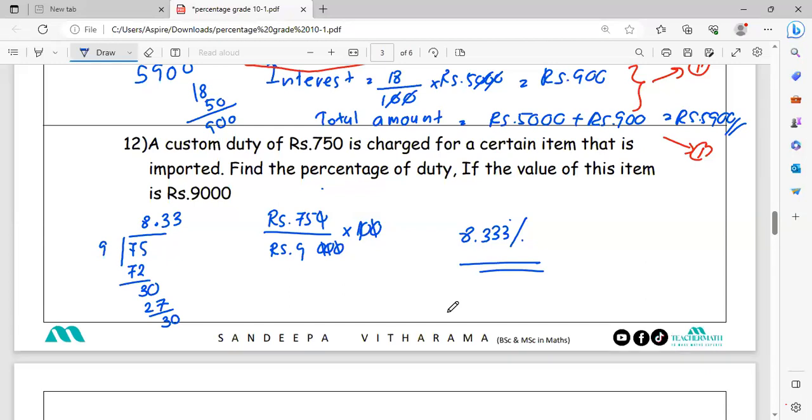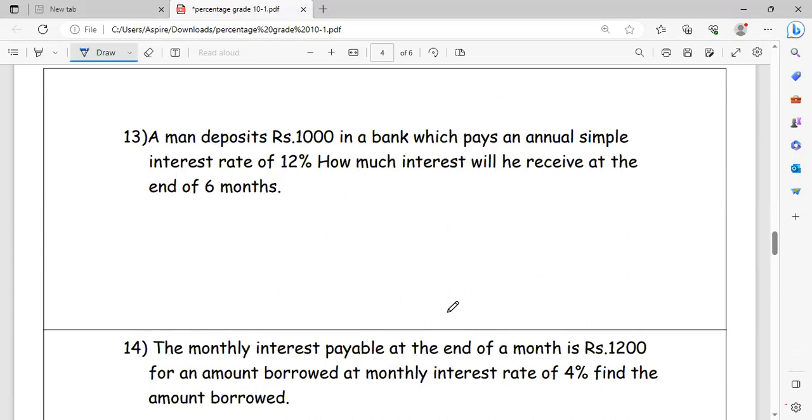Then shall we move to the next page? It is the 13th question. Okay, discuss this one.